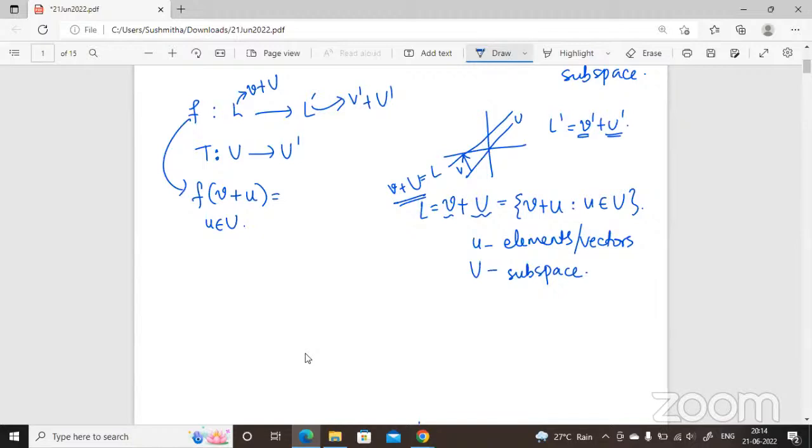So f of v plus u is going to be v prime plus T of u. T of u is well defined because T is a linear transformation from U to U prime. So T of u is an element in U prime, and this is an element in L. Is this clear?